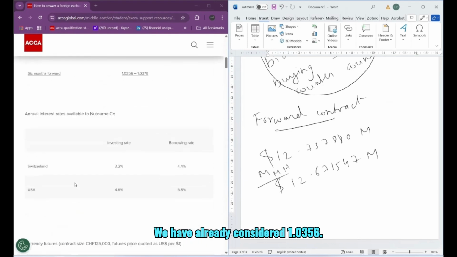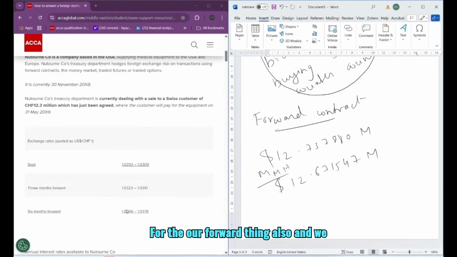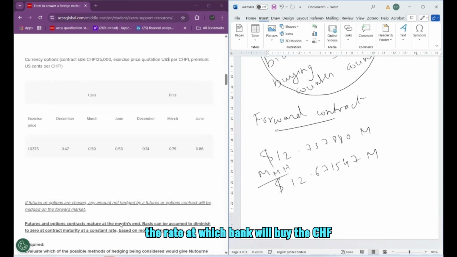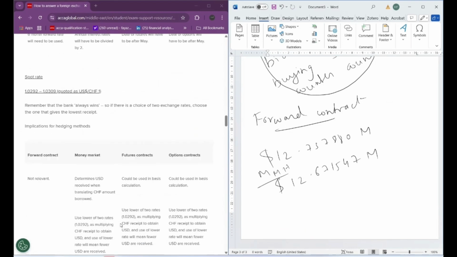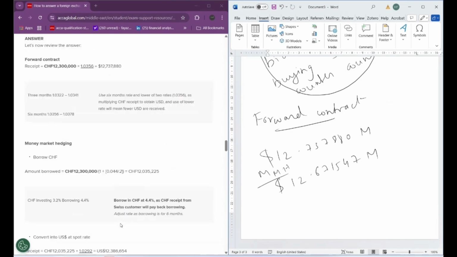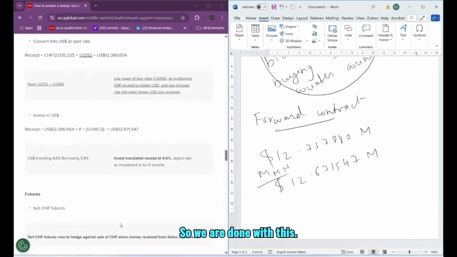We have already considered 1.0356 for our forward contract, and we got this amount. Now we are also going to consider the same thing here for the amount which is not hedged under the futures market and options market also. 1.0356 is the bid rate, the rate at which the bank will buy the CHF from us. So we are done with this.